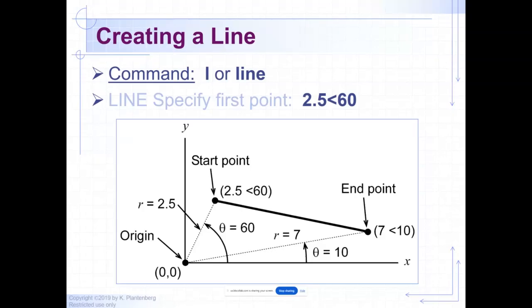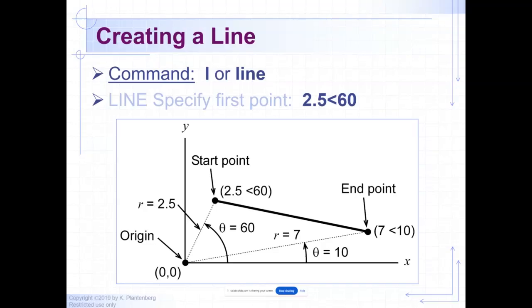Okay, so that's your first point. Sorry, when I do polar coordinates, I'm usually already starting from a spot, and I want to go to a certain spot and draw a line.